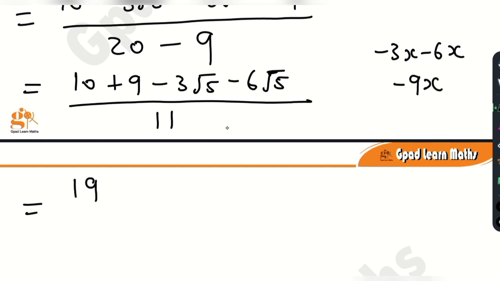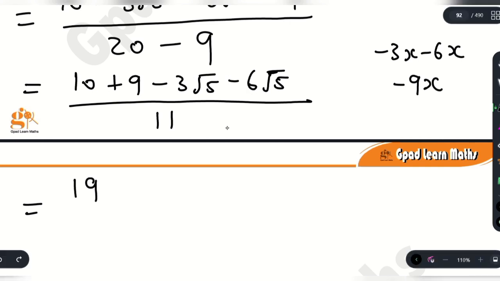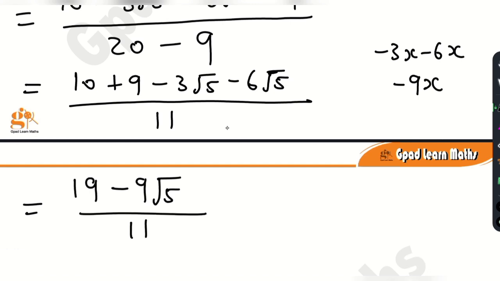All you have to do is do the addition or subtraction with the whole numbers and maintain the common surd. So here you are going to do negative 3 minus 6, which is negative 9. Then maintain the common surd that they both have, which is surd 5, all divided by 11.